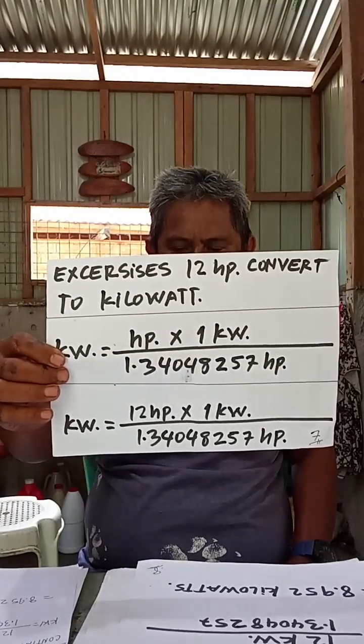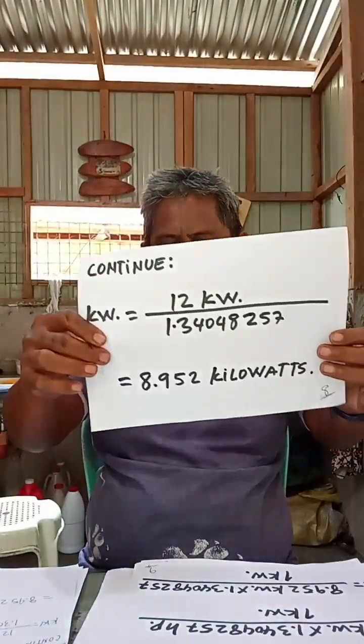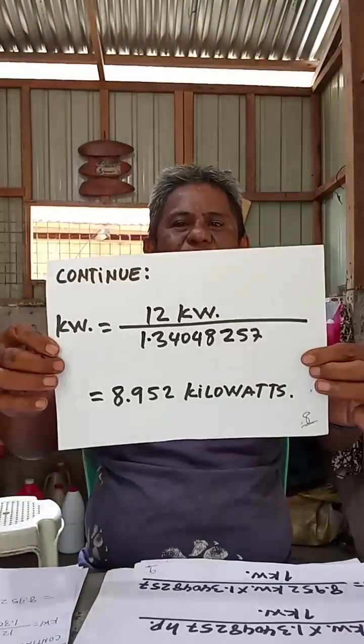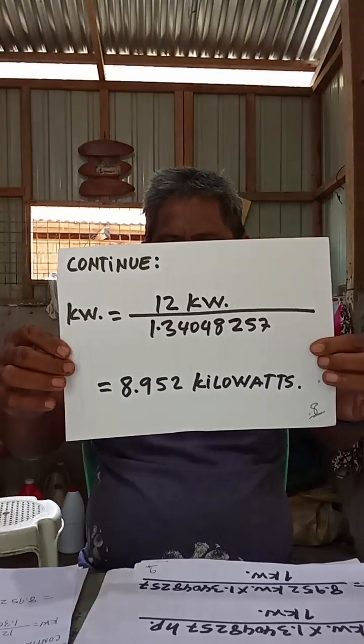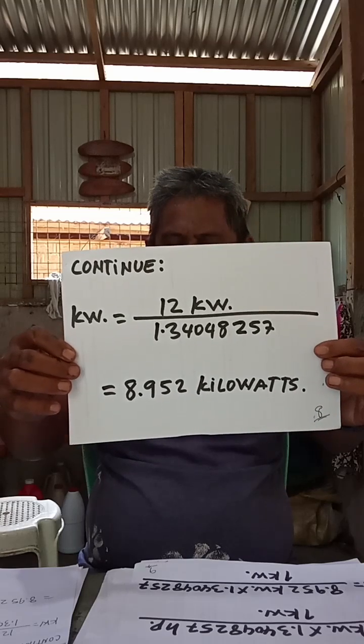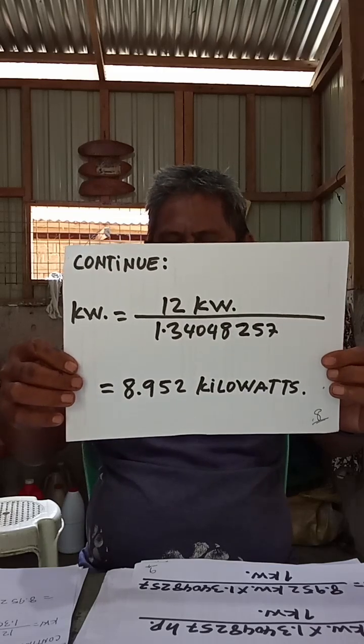Tanggal ang horsepower at maiwan ang kilowatt. So continue. Kilowatt. 12 kilowatt over 1.340482574 is equal to 8.952 kilowatt. So 12 horsepower is equal to 8.952 kilowatts.